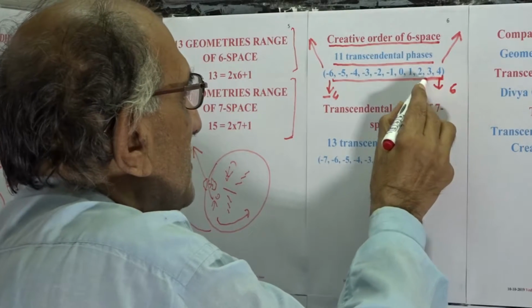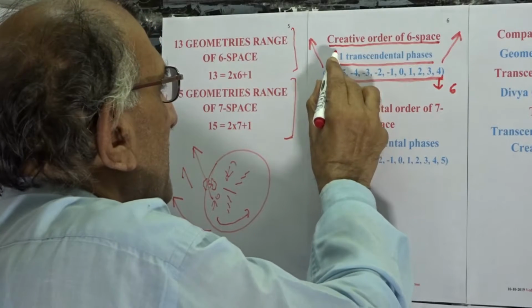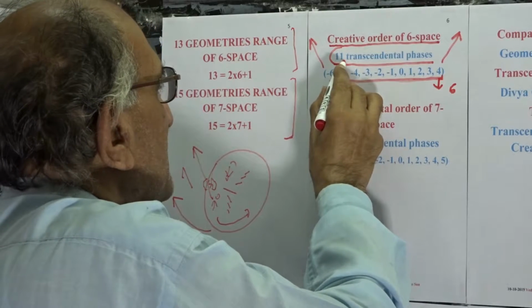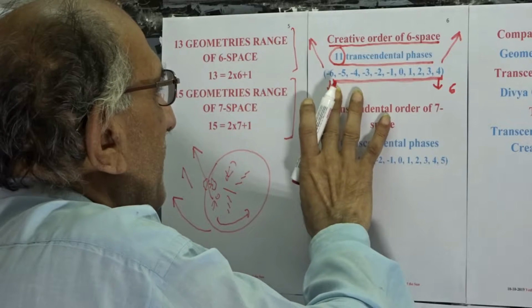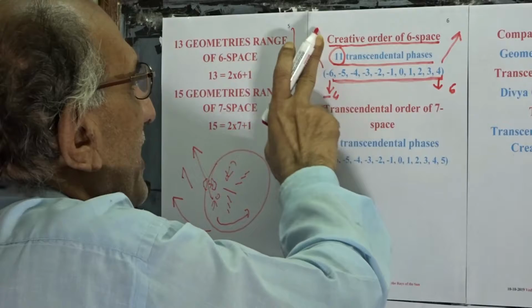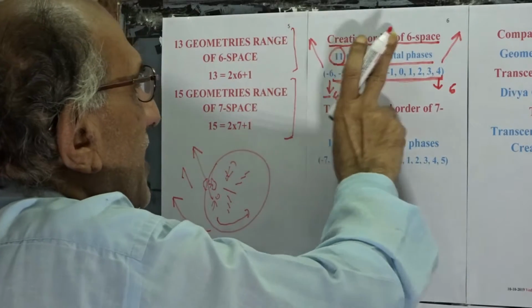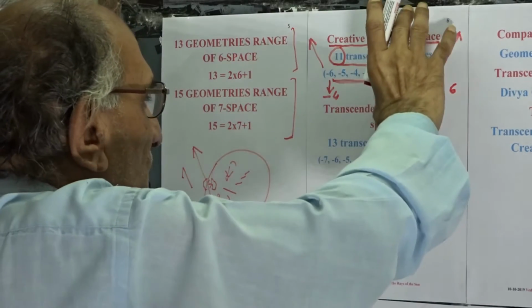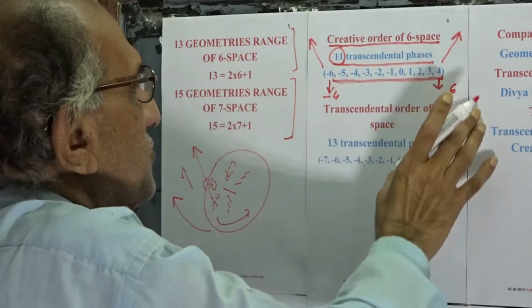It is this 11 steps which are the 11 transcendental phases. Now, these 11 transcendental phases, because of the creative order of 6 space, is the feature which deserves to be comprehended well.